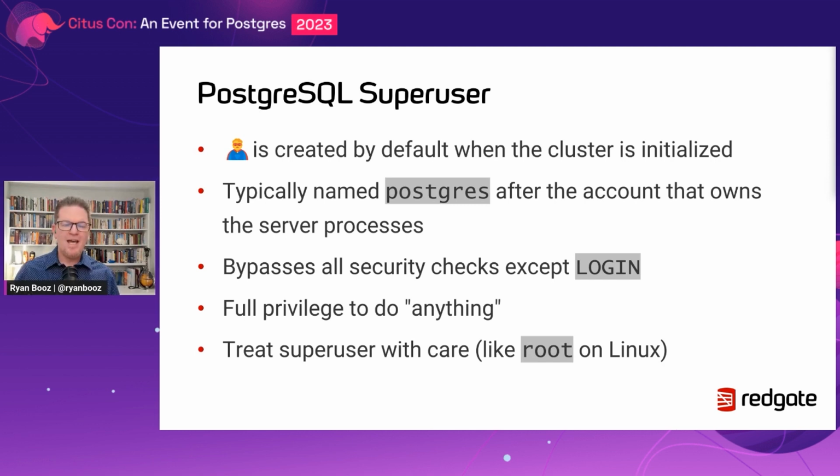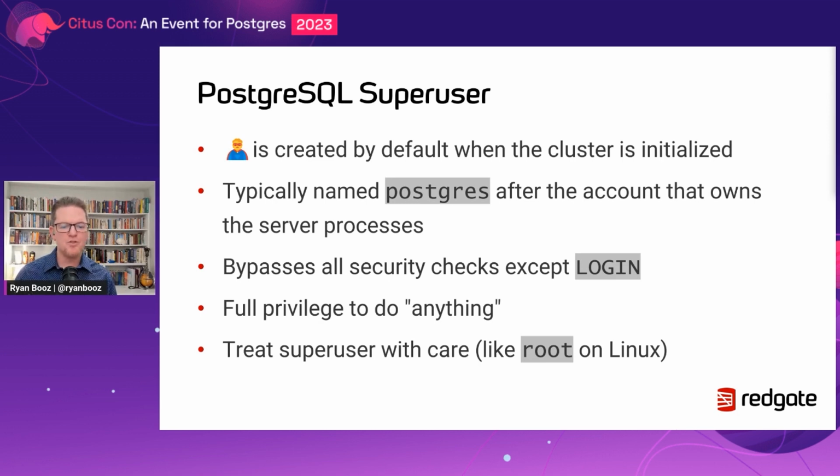Now, the thing that's really important to know, though, is the super user bypasses all privilege checks except for login. And that's just kind of part of the Postgres code base. If a super user tries to delete a table, they'll be able to drop that table, because there's no privilege checks done on a super user role. And so really is something you need to be sensitive to.